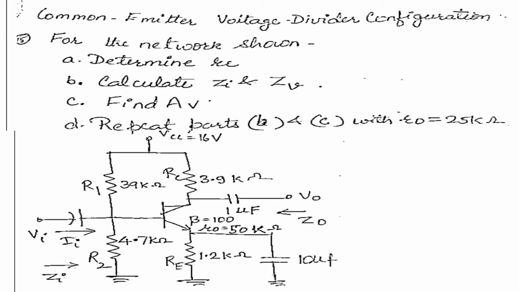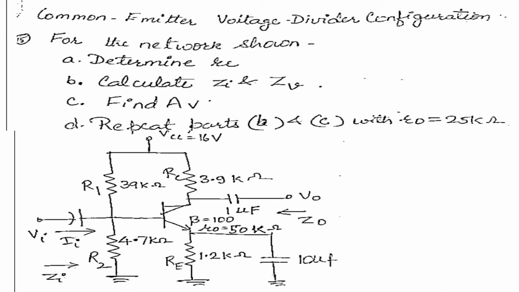So what it will do is, it will act as a short circuit at a higher operation frequency, around say 1 kilohertz onwards. So this resistance RE will be short circuited. So due to that, there will be improvement in the voltage gain. So utilization of this part of the circuit is to improve the voltage gain at higher frequency.